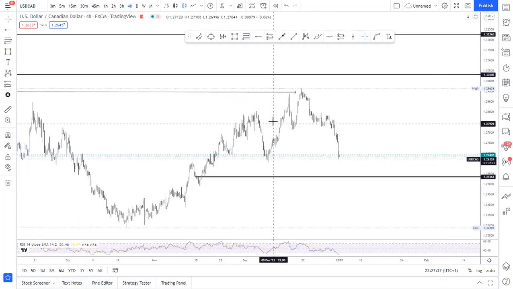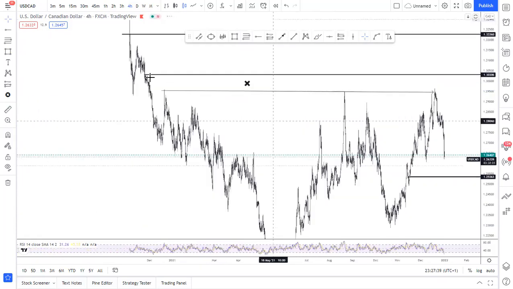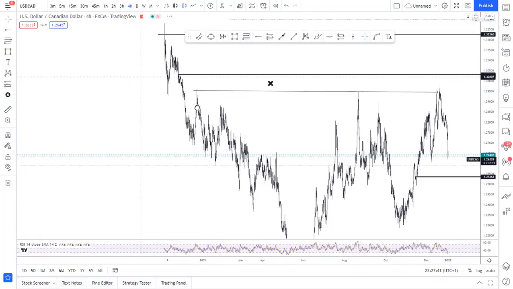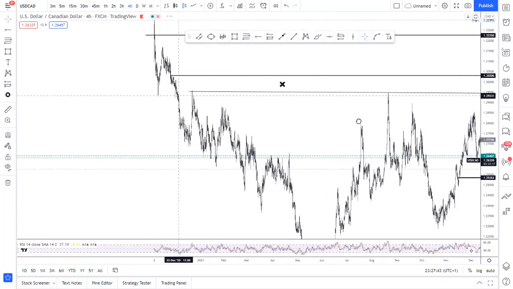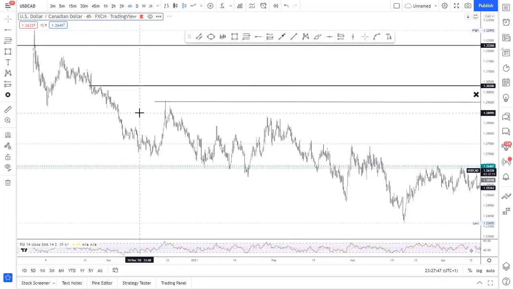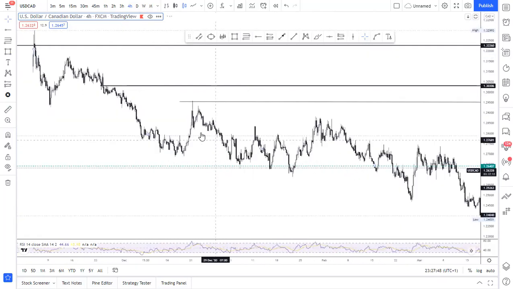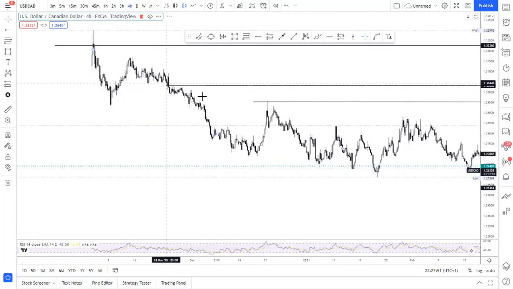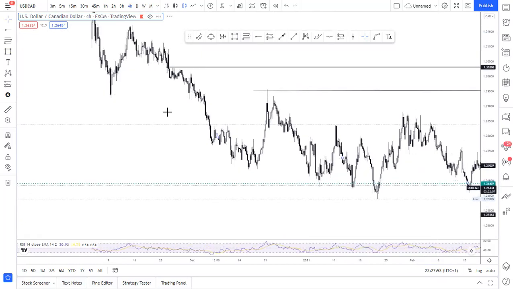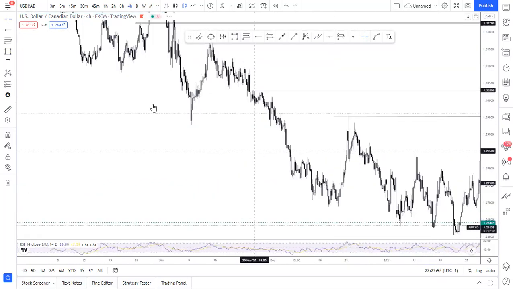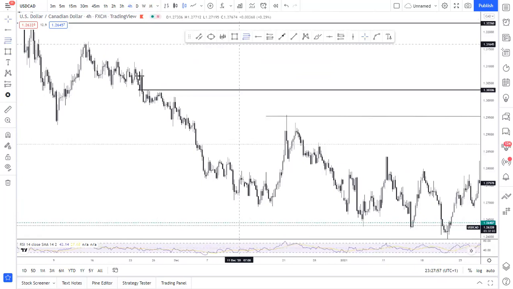So right here, I was expecting USDCAD to at least get to this level right here. I was expecting it to actually hit this order block right here, between the opening and the 50%.